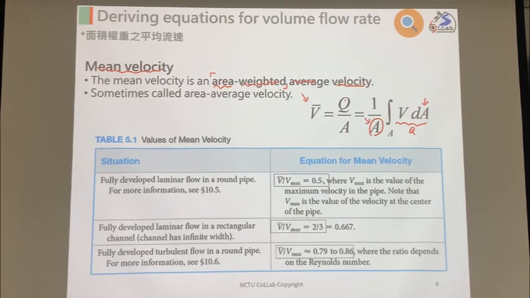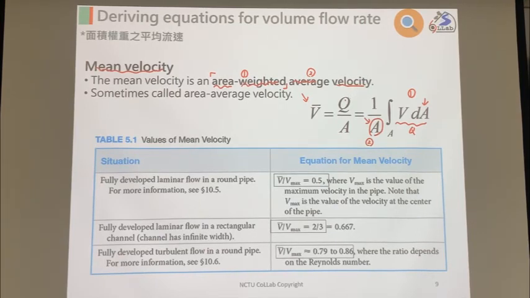Because we divide by the total area in here. So the first item is the area weighted, and we divide by the total area A because it is the average velocity. So we call that the area weighted average velocity.